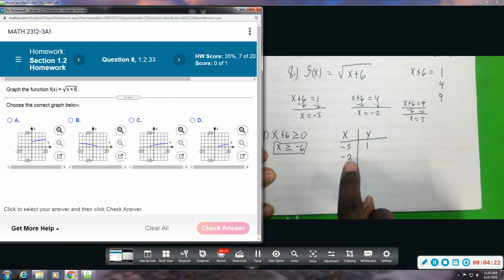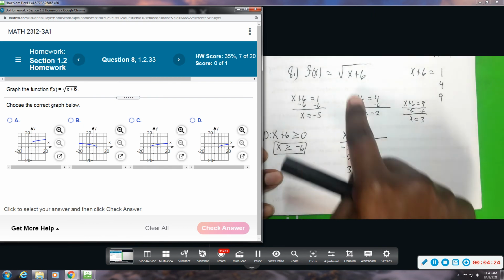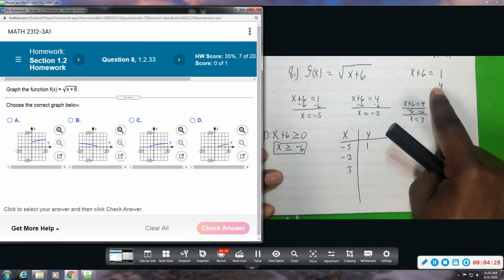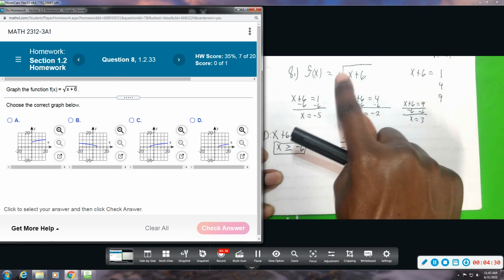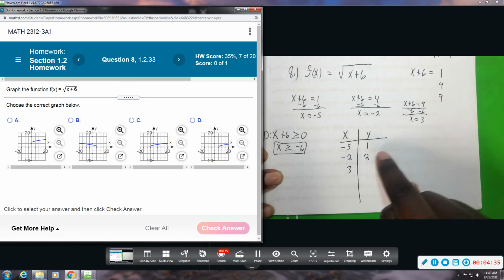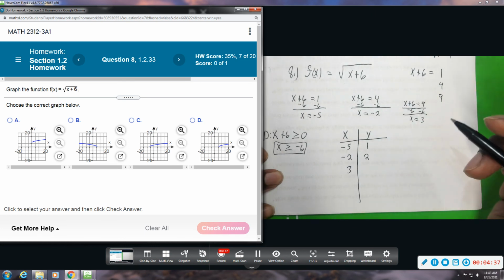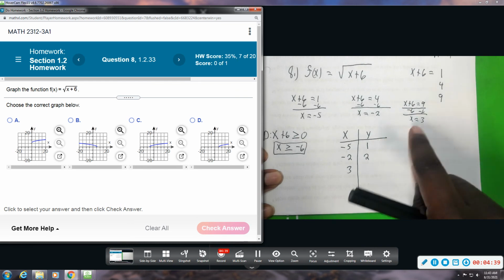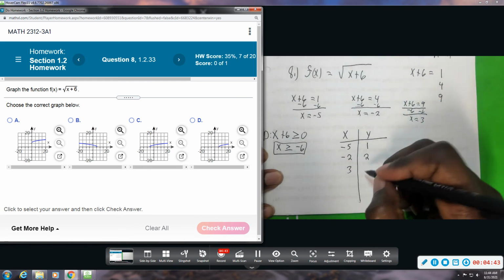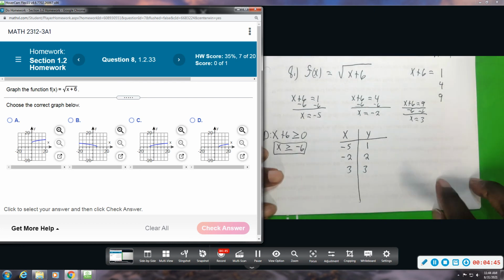When I plug in negative 2, negative 2 plus 6 gives us 4, and the square root of 4 is 2. And then likewise, when I plug in 3, 3 plus 6 gives me 9, and the square root of 9 gives me 3. So I have 3 nice whole numbers.